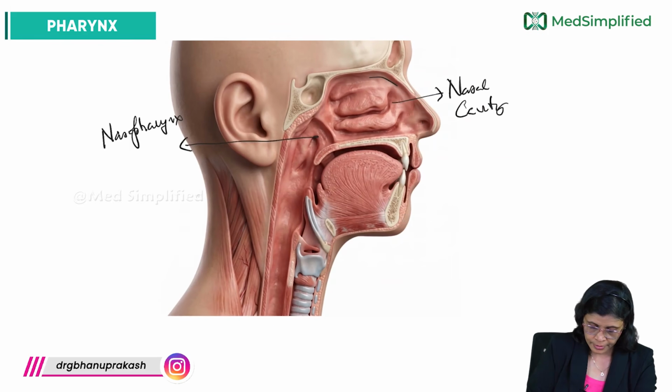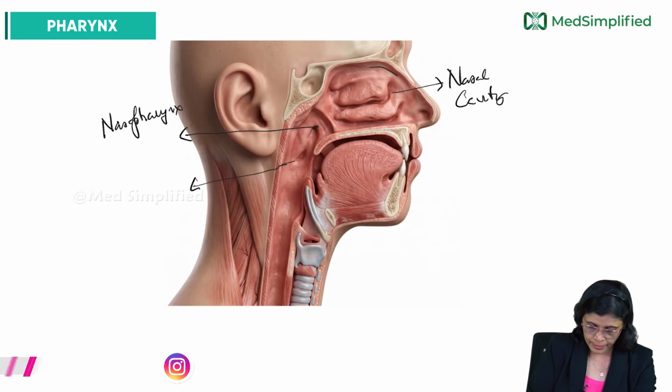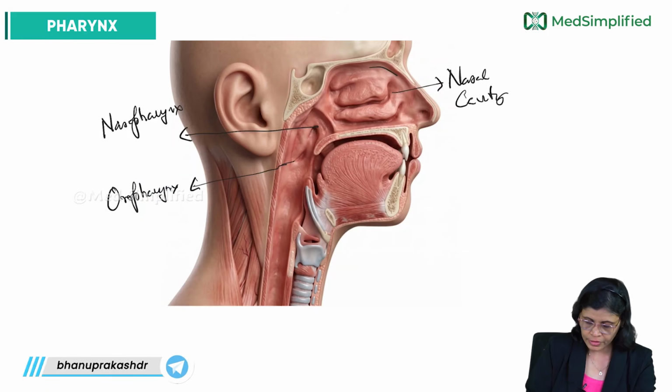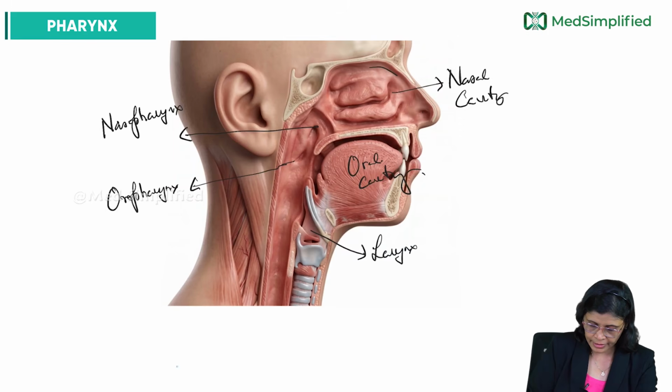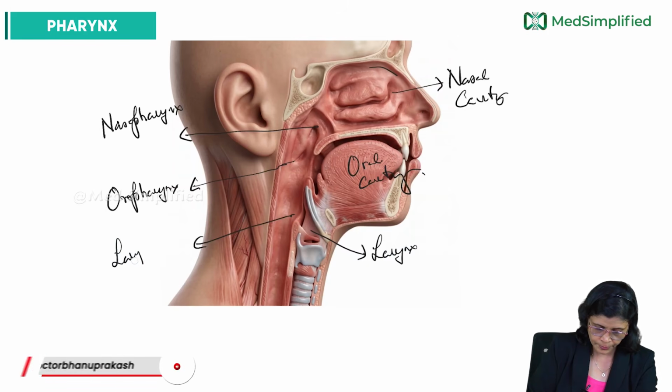This portion is the oropharynx, which is behind the oral cavity. So this is the oral cavity. And here we have the larynx. Behind that, this portion is the laryngopharynx.